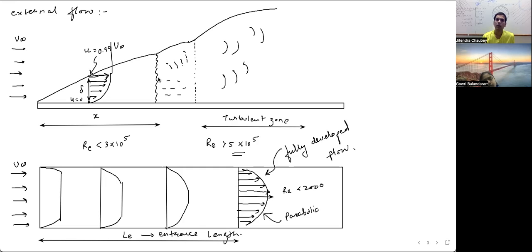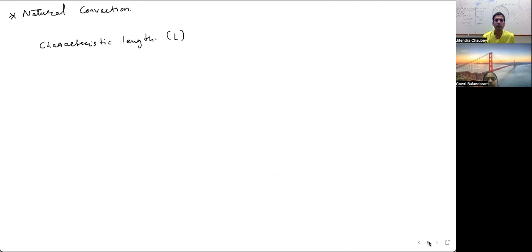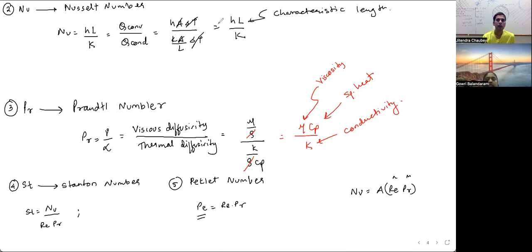I'll recall this once we are going through numericals. D for this case is the span over which the fluid is flowing, and D is nothing but equal to length. Similarly, here also we wrote characteristic length for Nusselt number.